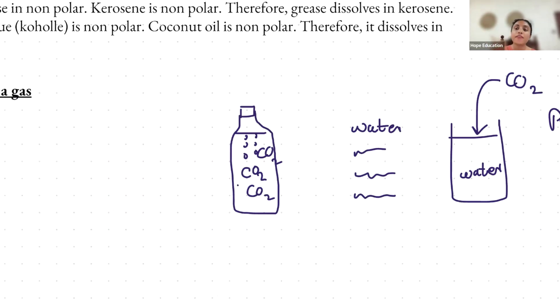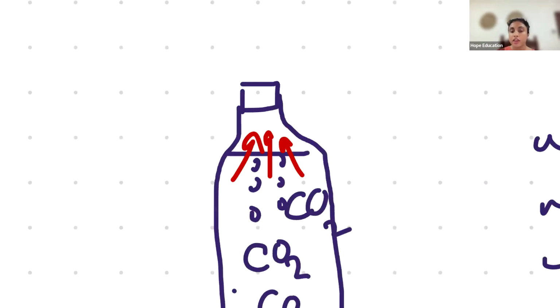What will happen when you shake this bottle? When you shake it, the dissolved carbon dioxide all moves into the air in this gap. If you take this bottle, there's a little gap with air. When you shake the bottle, the carbon dioxide dissolved in the water will jump out of the water and get collected in this little space.